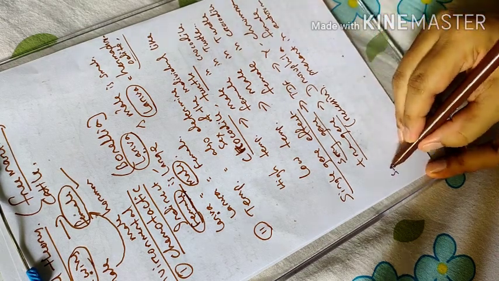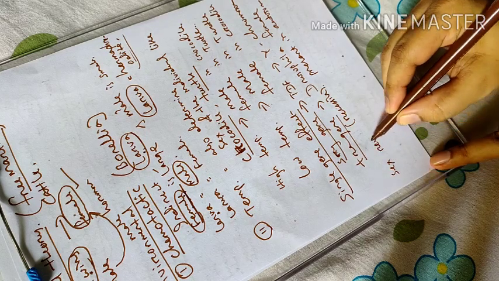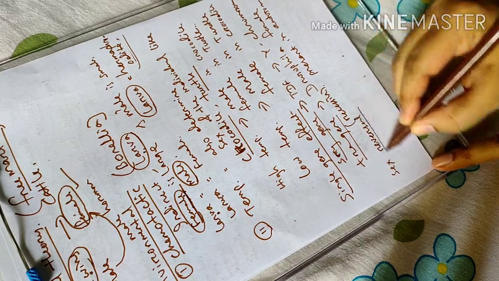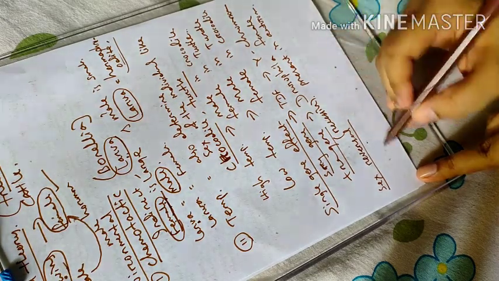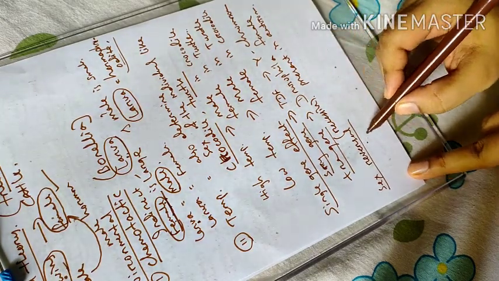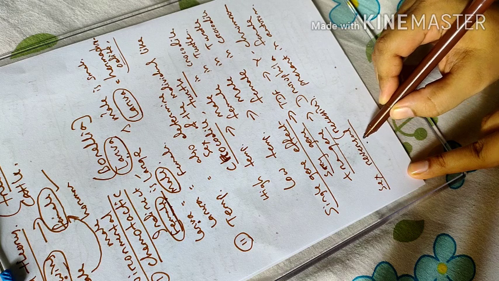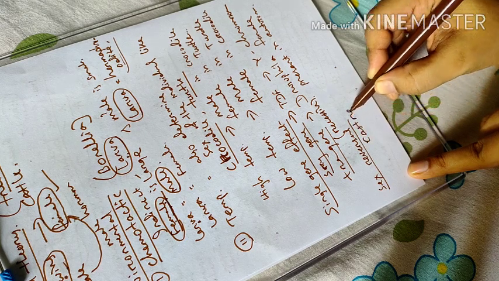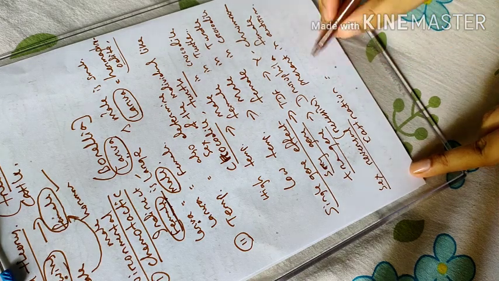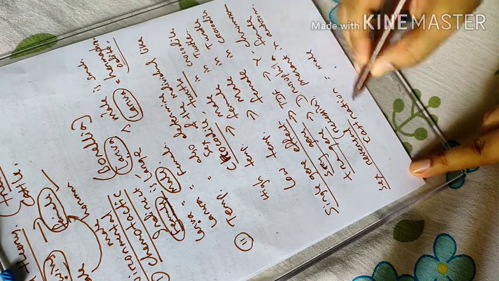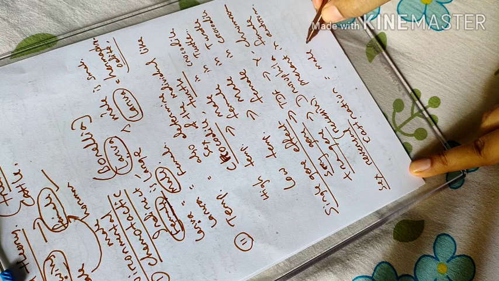Then sex reversal. Sex reversal means the sex of the individual is reversed. That is castration in the case of male. Castration means removal of testes. So what happens?